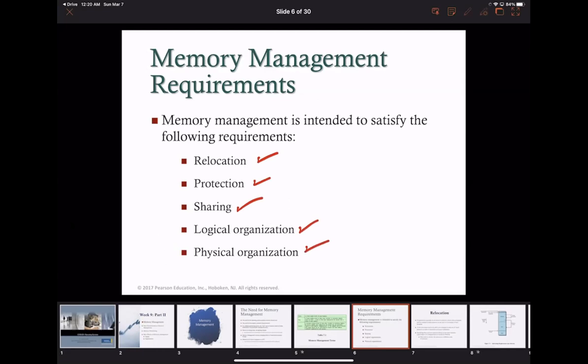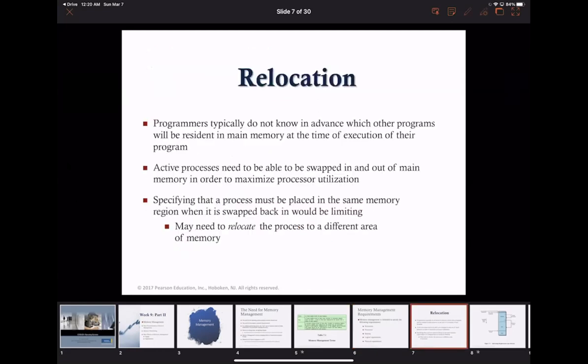Let's now talk about each of those components separately, starting with the first requirement of the memory manager, which is relocation. In a multi-programming system, the available main memory is generally shared among a number of processes.